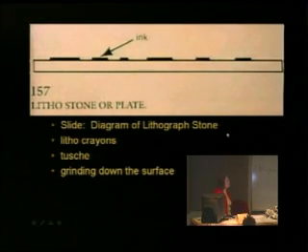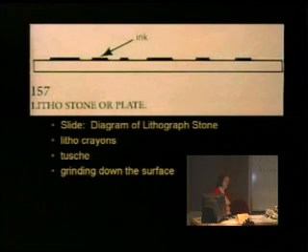And the best kind of lithographs are made on stones. This was developed at the beginning of the 19th century by a man in Bavaria who ran a chemical business. And he wanted a more efficient way of printing labels for his chemicals.